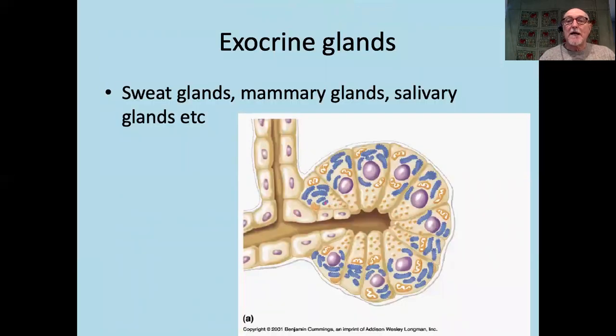Okay, here's some more exocrine glands, just very typically. This could be virtually anything. It could be salivary gland, it could be mammary gland producing milk, sweat glands, they all have a structure similar to this. Here are the secretory cells derived from cuboidal epithelium. Do you remember I told you that the endoplasmic reticulum, especially the rough endoplasmic reticulum, is responsible for producing substances like proteins and things like that.